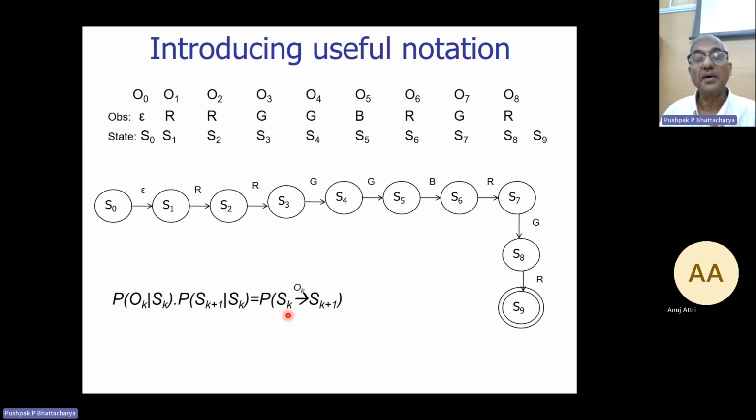This is probability of SK arrow SK plus 1 with OK on top of the arrow. This is transiting from state SK to SK plus 1, observing the symbol OK, whose meaning is this joint probability: probability of OK given SK into probability of SK plus 1 given SK.